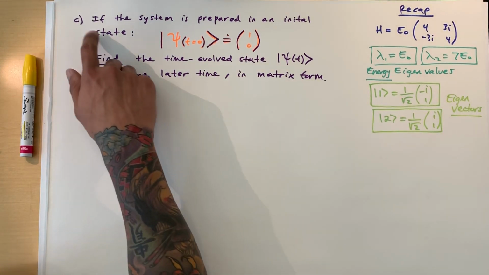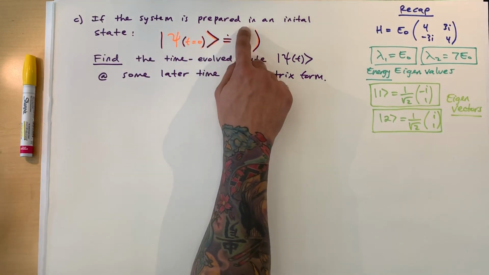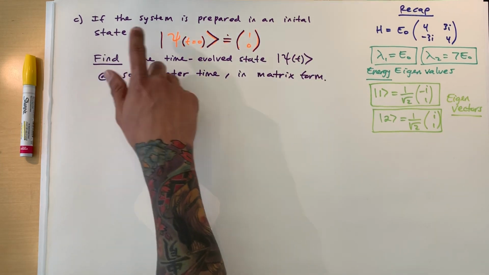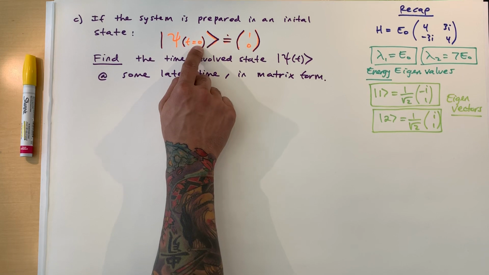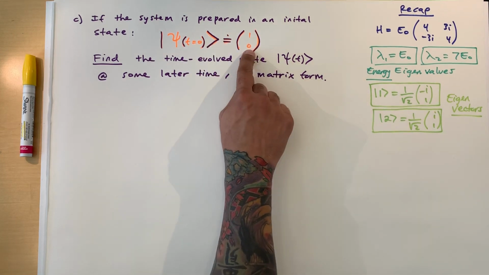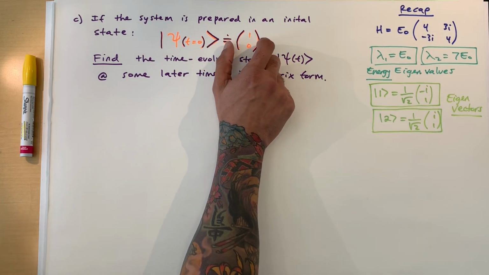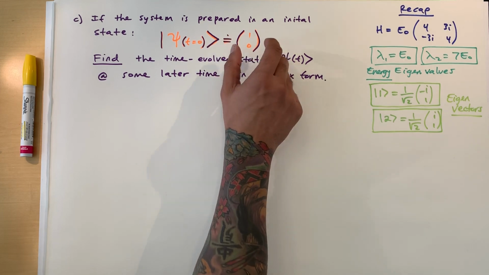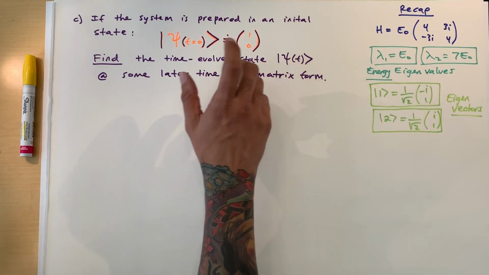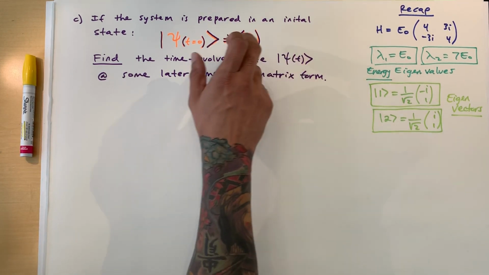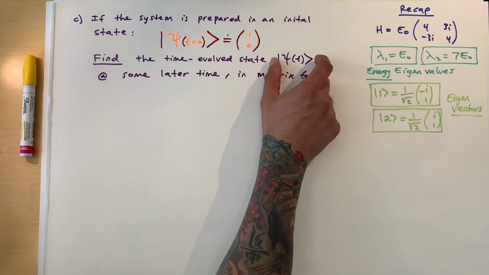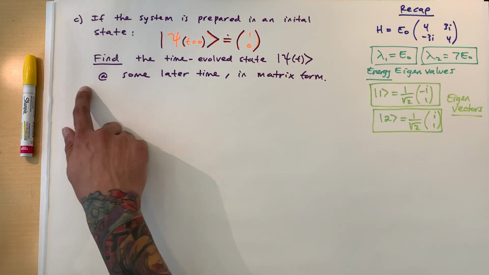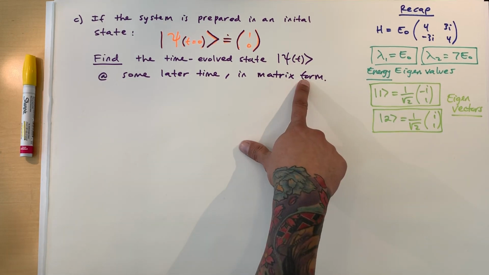Now part C is asking us, if the system is prepared in an initial state, the wave function at time equals 0 is equal to 1, 0. This is in the Z basis, in case you didn't know the notation. But it's prepared in this initial state. Find the time evolved state at some later time in matrix form.